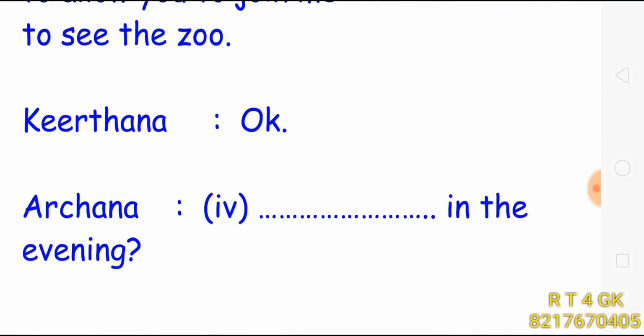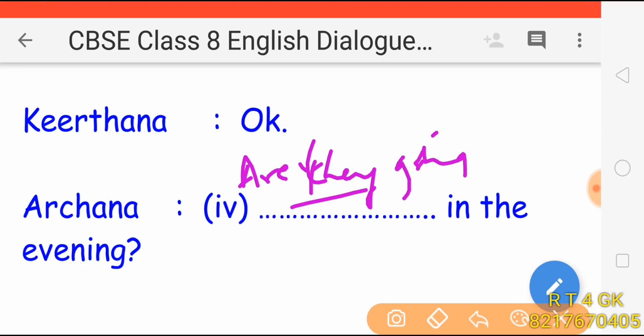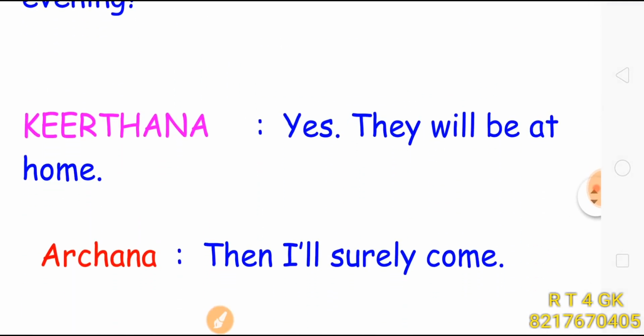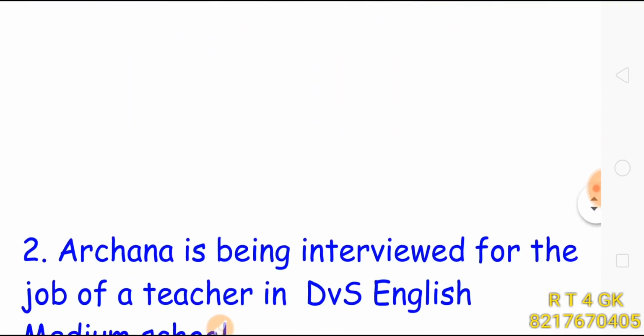In the evening, are they going to be at home? Who are they? They means parents. Are they going to be at home this evening? Yes, they will be at home. Then I'll surely come. That's it. We have completed the dialogue.